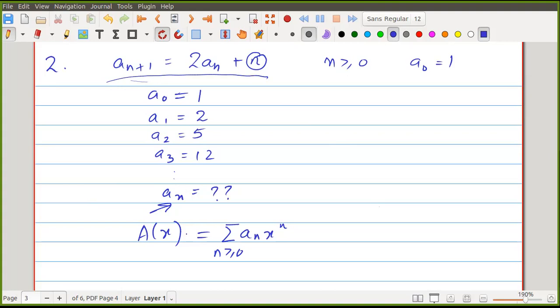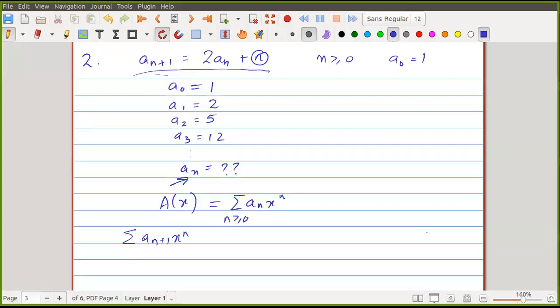Hello? Yes, hello. I think it got disconnected again, right? Is the screen visible? So this is 2 times summation an xn, n greater than or equal to 0, plus summation n xn, n greater than or equal to 0.